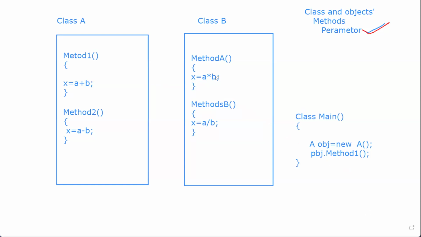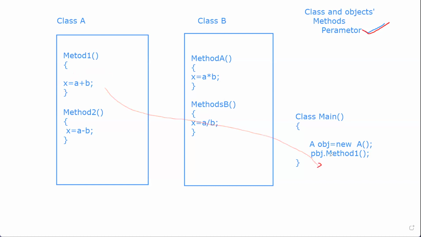So now, when we design so many classes and so many methods like this, many times you would need a concept of data sharing. How data sharing works is, whatever value is there within this method, I would like to push it outside of this method.